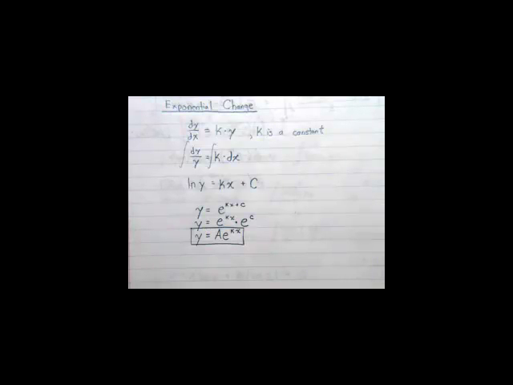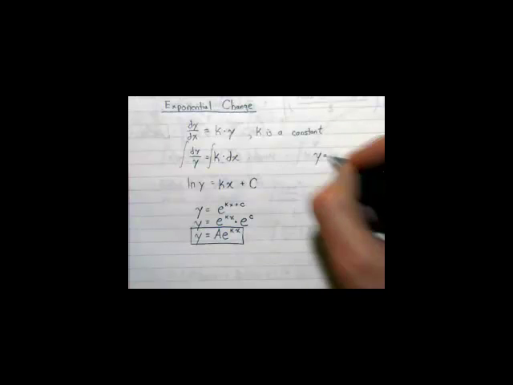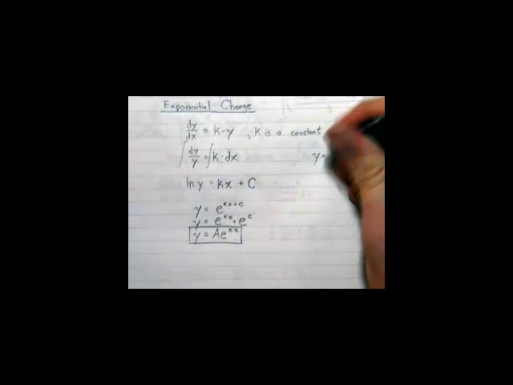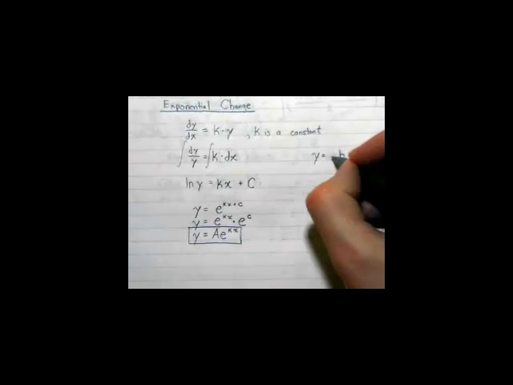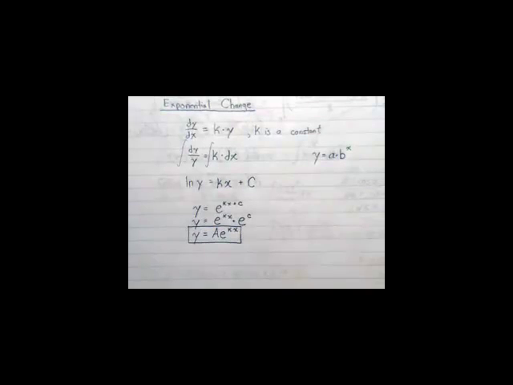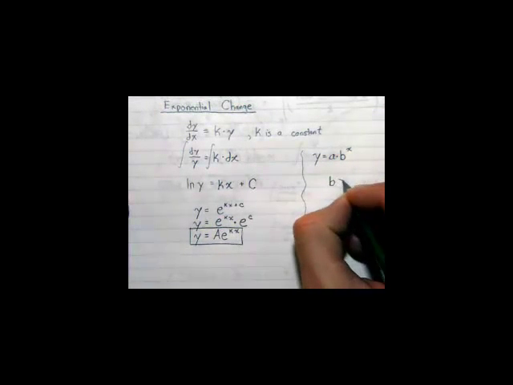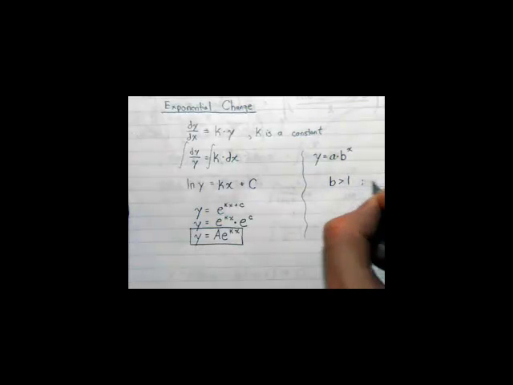Yeah? Yep. So if we're looking at something like this, well, it was a lowercase a, I guess, back then. But the ones you guys studied look like this: a times b to the x. And we said if b is greater than 1, then we have a growth.